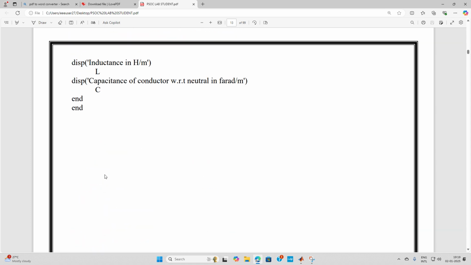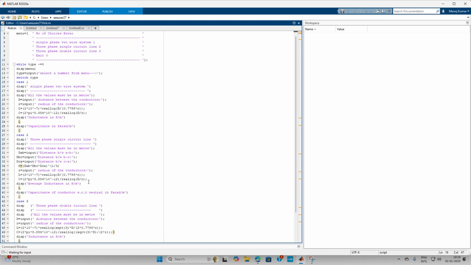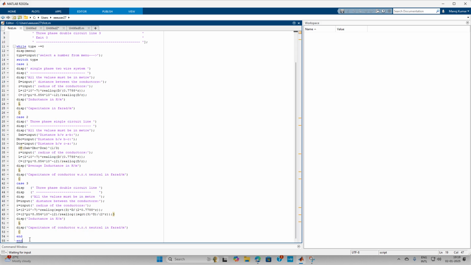Ending this program means we have typed all the programs in the MATLAB software. Once we type the program, we save it: Control plus S means we have to save the program.